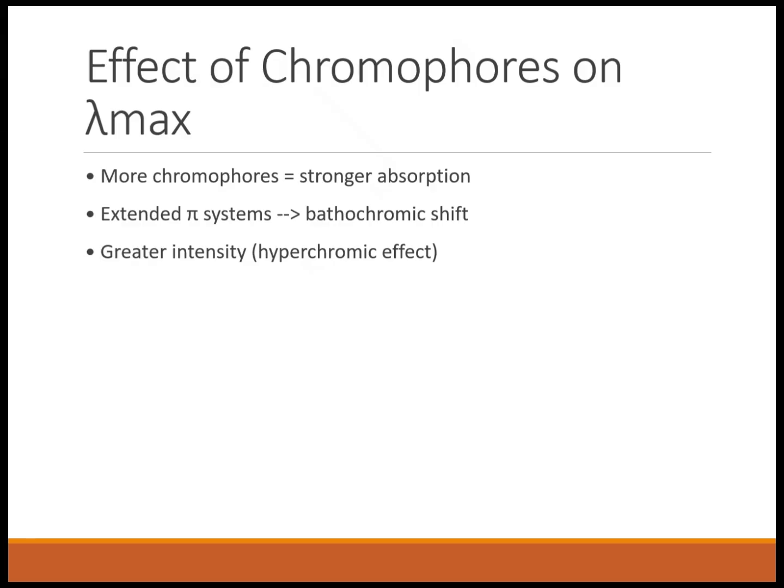And the other one is the hyperchromic effect. Absorbance intensity increases in this case. For example, benzene absorbs around 255 nanometer, but adding conjugation shifts absorption into the visible range, creating colored compounds like dyes.